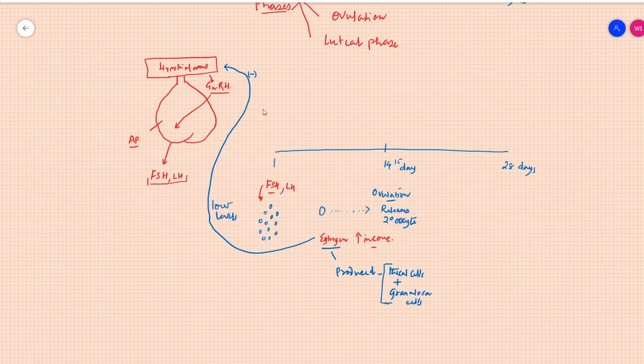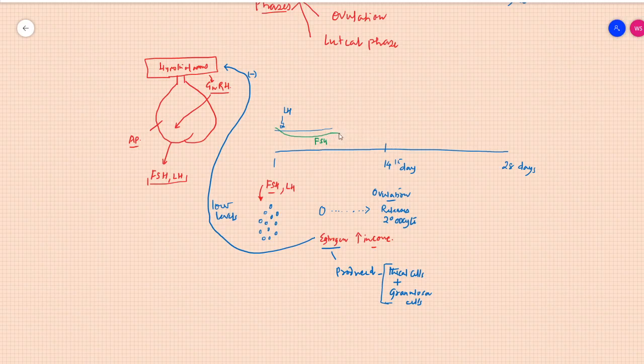So initially there is a bit of a rise, so let's trace what's happening. Let that be LH, and let's draw something like this as the FSH. So this is mid-cycle.